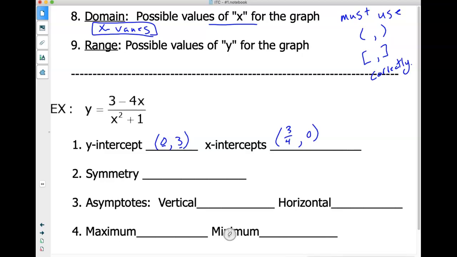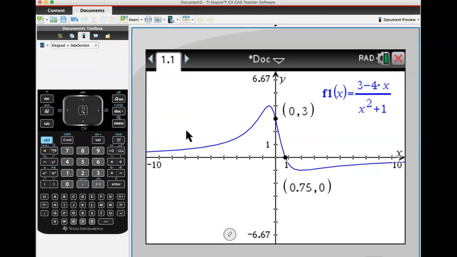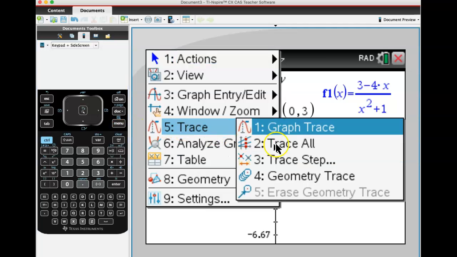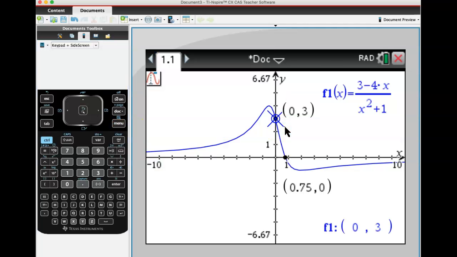Is there any symmetry to this thing? If I divide it across the y-axis, it's not symmetrical. If I trace the graph and put a 1 in there, I'm right down here, you can see where that target is.